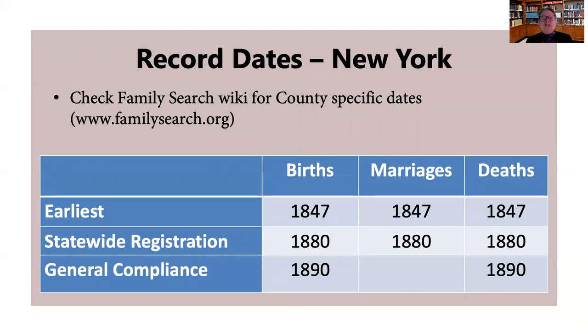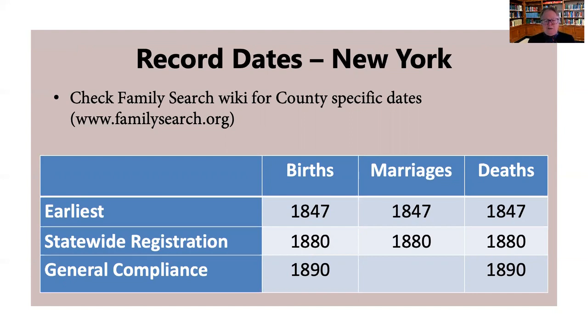Also, make sure you check the dates of record availability for your location. You may not be able to find the record because record keeping wasn't done back in the day. This is an example of vital records for New York State. There was a brief period of time in the mid-1800s from about 1847 to 1852 or 3 when the state tried to enforce vital record keeping, but it was widely ignored.